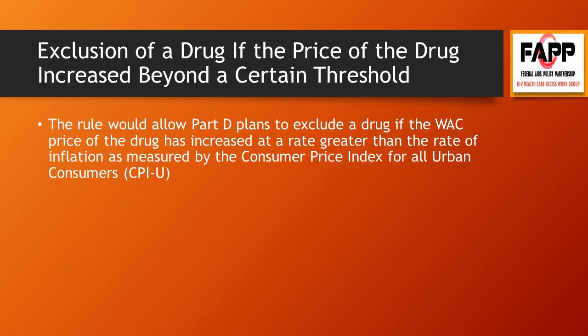And finally, the last prong of the rule, and as I said at the outset, arguably the most controversial, the rule would allow Part D plans to exclude a drug if the wholesale acquisition cost, or WAC, which is essentially the list price of the drug, has increased at a rate greater than the rate of inflation. There are many ways you can measure inflation. What the rule uses is the Consumer Price Index for all urban consumers.